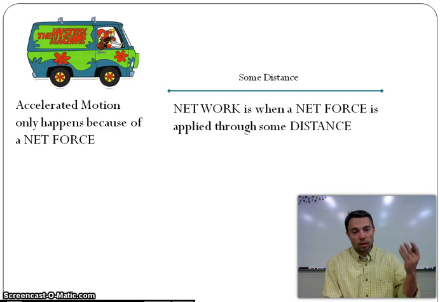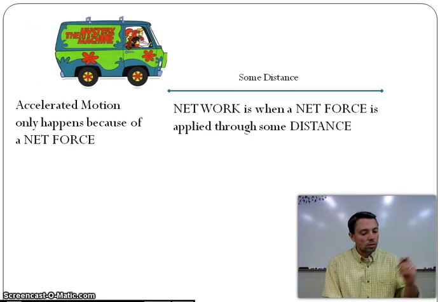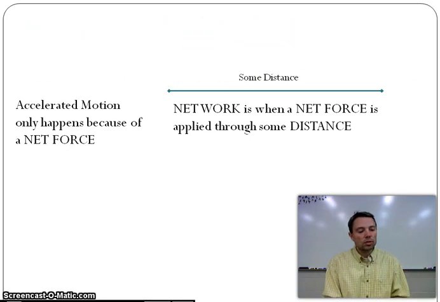That's what we looked at in our last unit, how we got those net forces. It's all based on the motion of the mystery machine, and it has to go from one velocity to a different velocity. So we're looking at the mystery machine, and it travels through some distance.